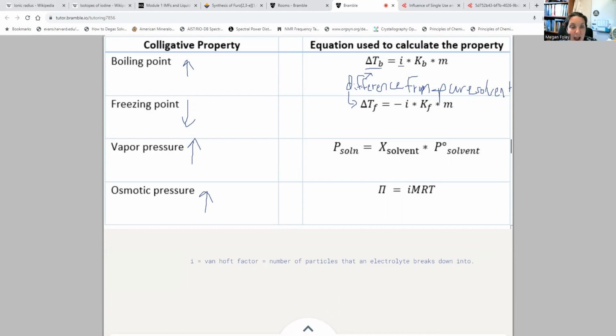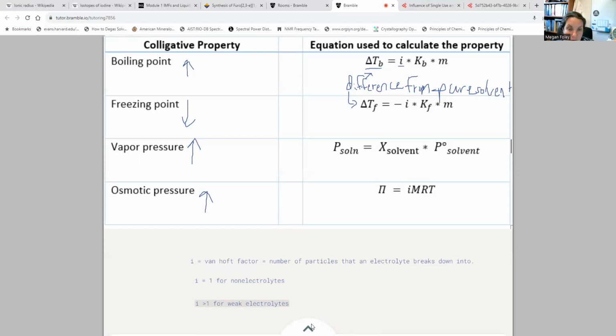A non-electrolyte will have an I of 1. And then the I for weak electrolytes will be a little bit greater than 1. So there'll be more than 1 particle, but not quite to the value of like 2 or 3.